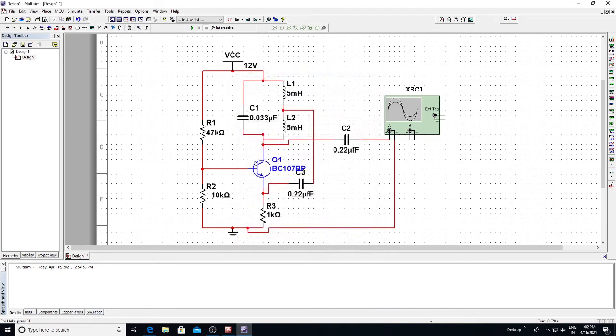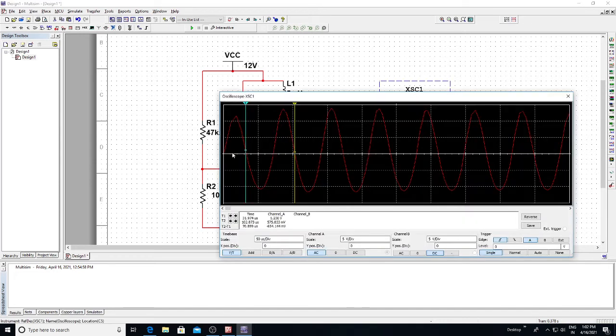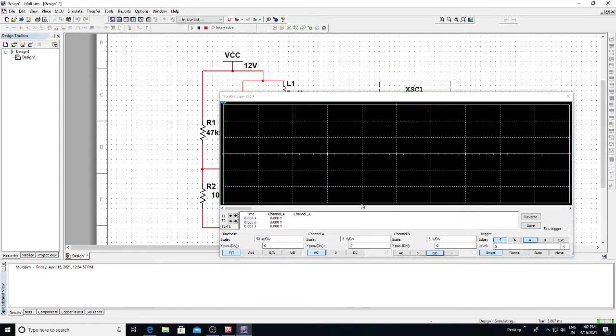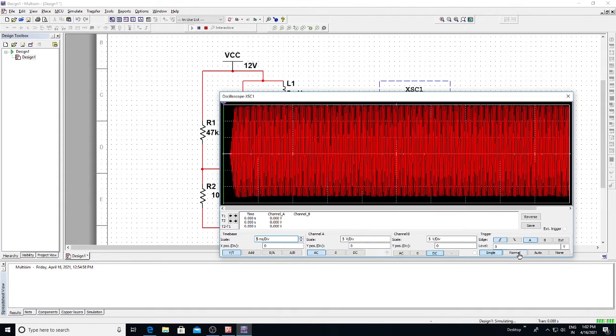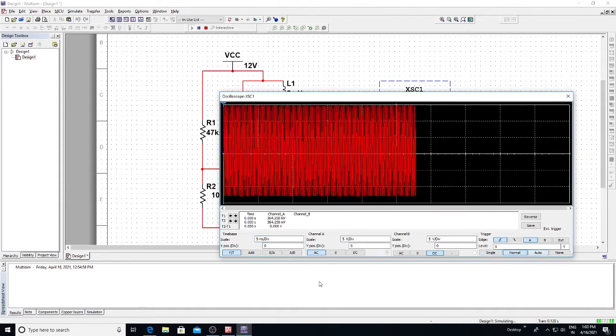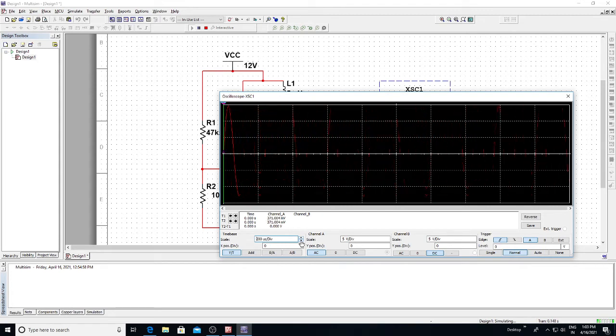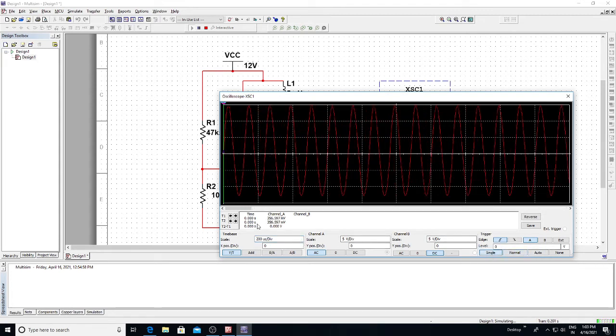So click on OK, the capacitor value will be changed, and click on the output response. So run. So this is the output frequency, the signal which you have got.